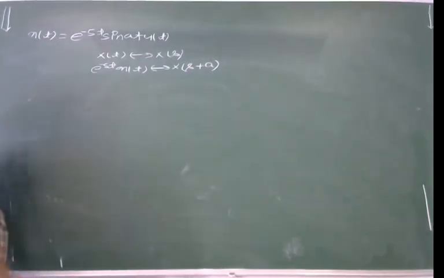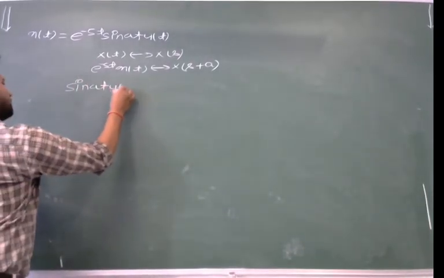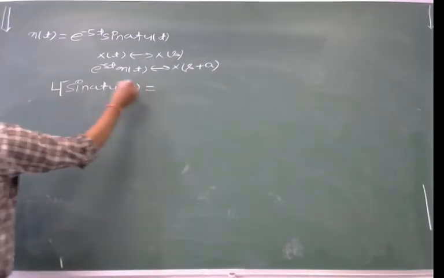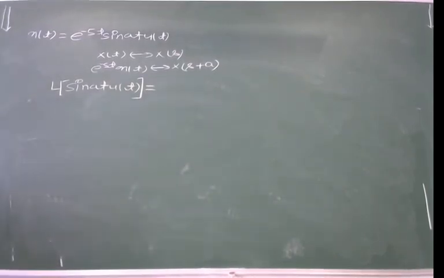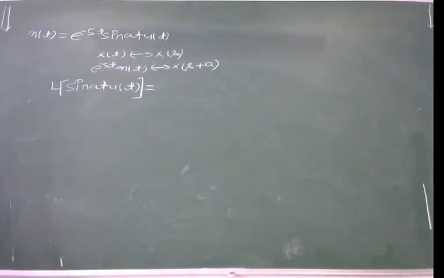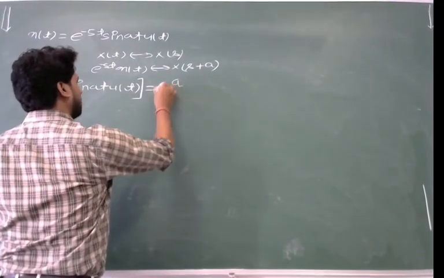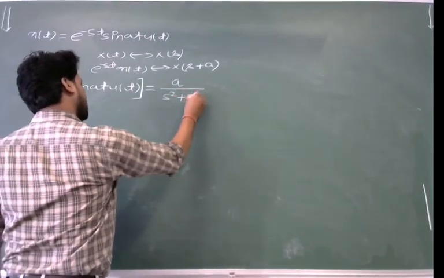It means that we know that the Laplace transform of sine of at u(t) will be equal to a upon s square plus a square. So this will become a upon s square plus a square.